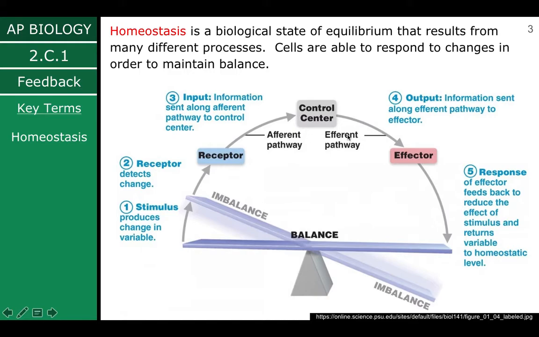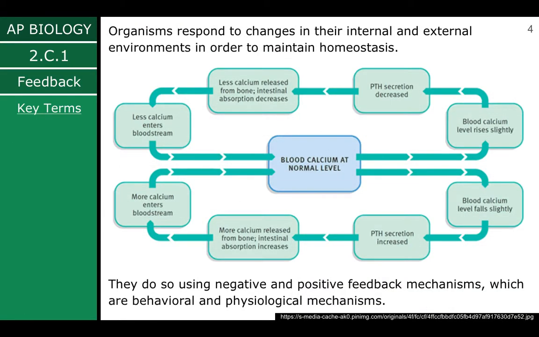Then the efferent pathway is the output, which is information sent along efferent pathway to the effector. The effector is basically a response, which the responsive effector feeds back to reduce the effect of stimulus and return variables to homeostatic levels. So that's our idea of homeostasis.